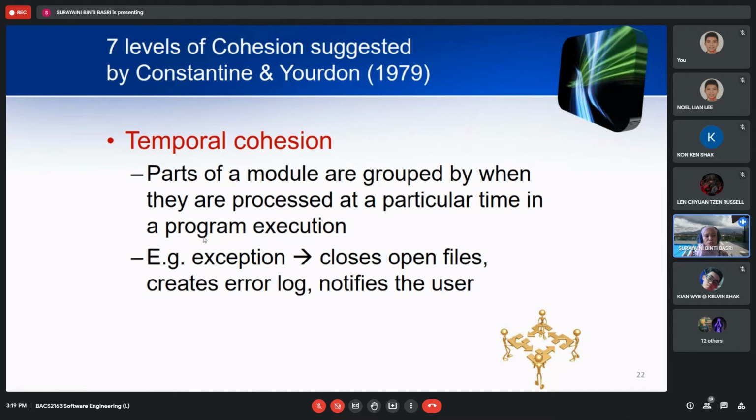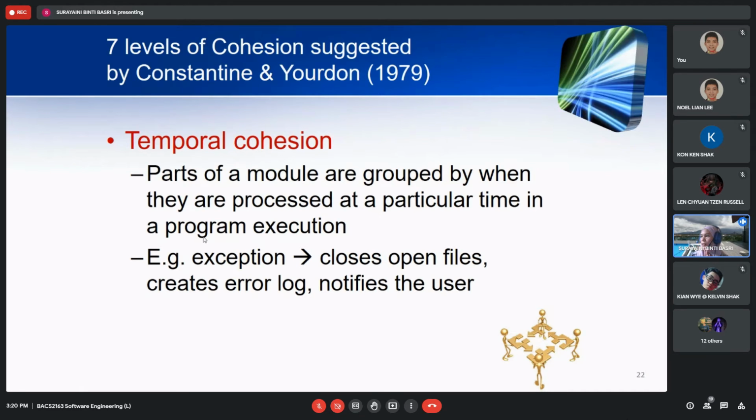This module may be a class, like the utility class just now, but you group them because they are run at the same time during the runtime execution. Okay, so this is also not a very good way of designing because you are putting them together just because they are running together during the execution time.